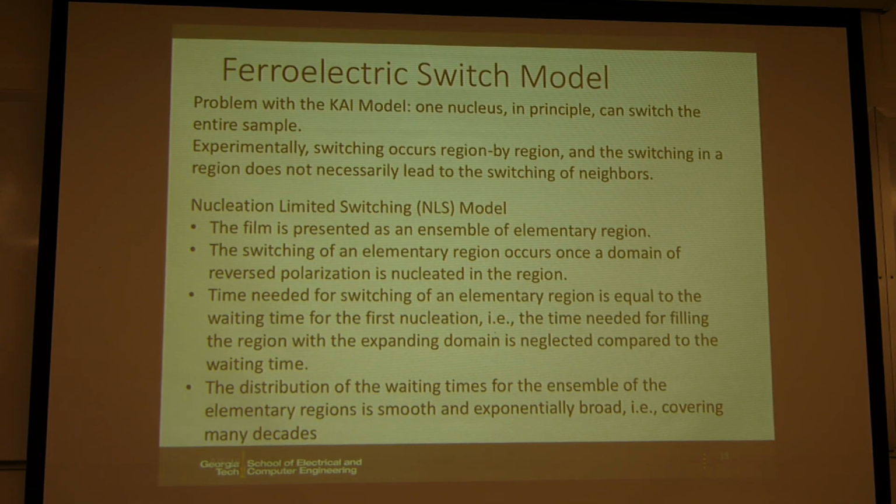The switching time for each region is the waiting time for the first nucleation to occur in this region. In this model, we neglect the domain wall movement, the time for the domain wall to move in this region. And this waiting time is distributed across all the elementary regions.